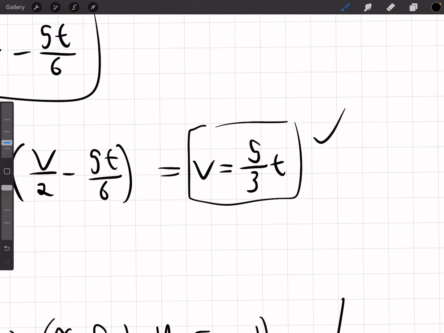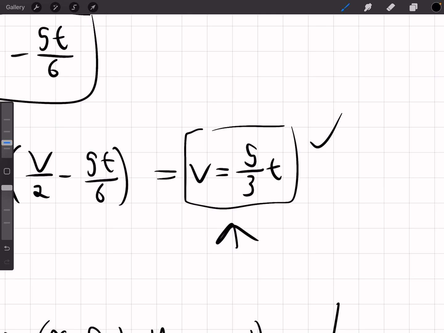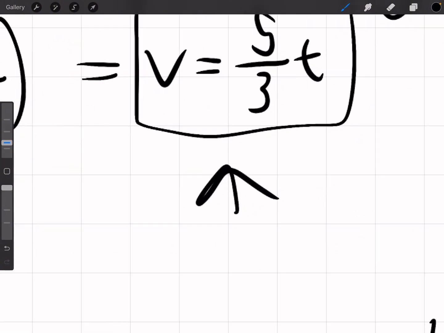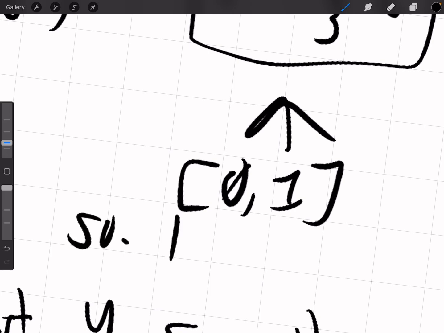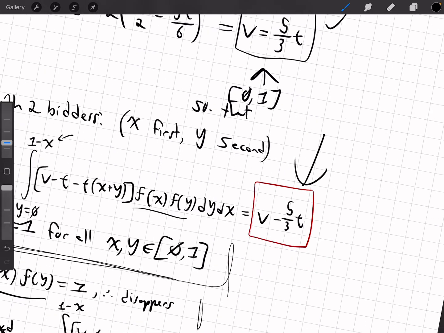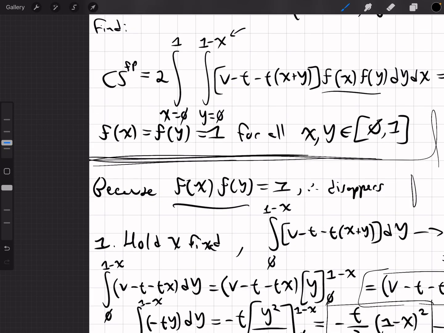Because this result right here is only possible if both x and y are independent and uniform on 0 to 1, so that we can assume this. Okay?